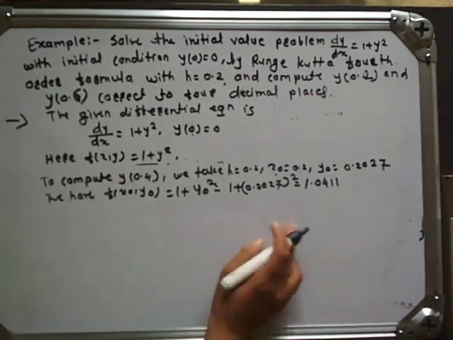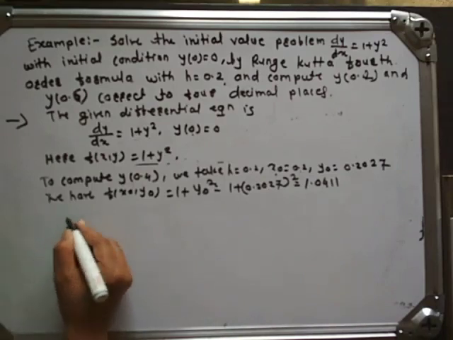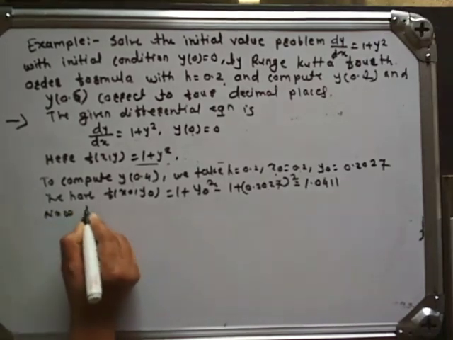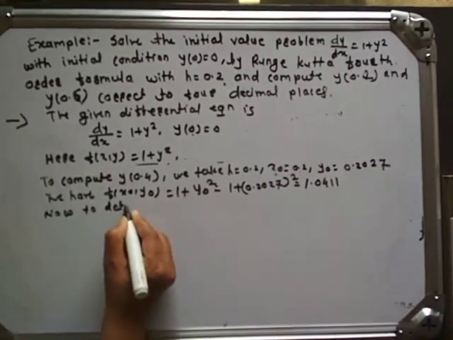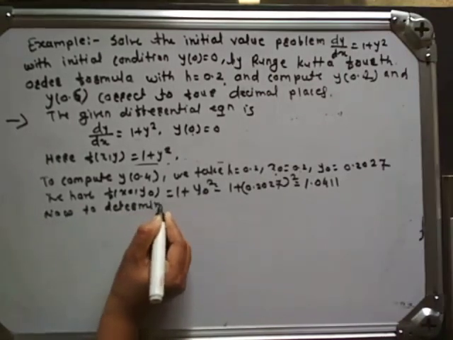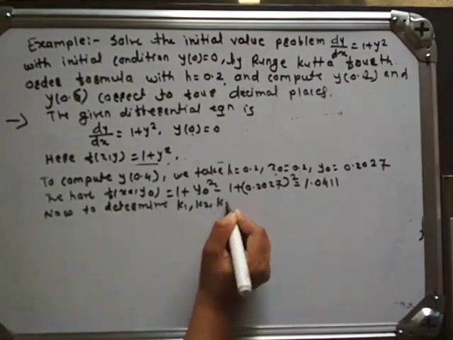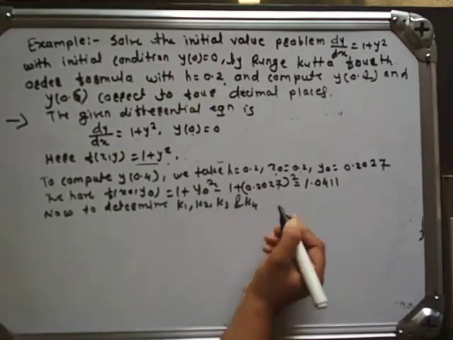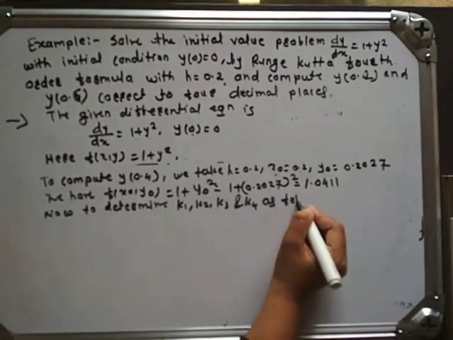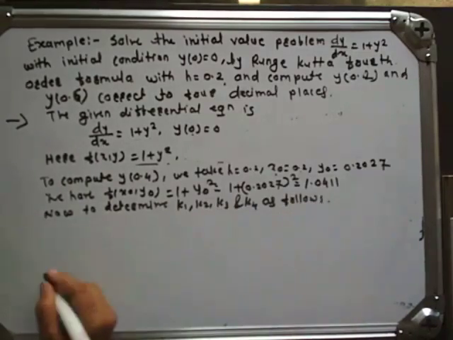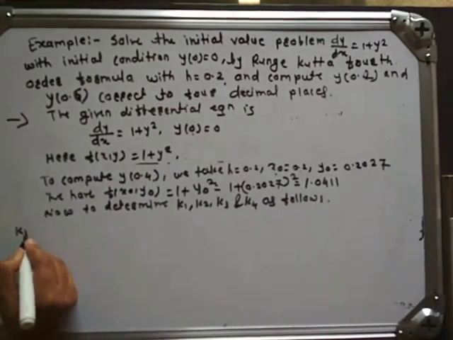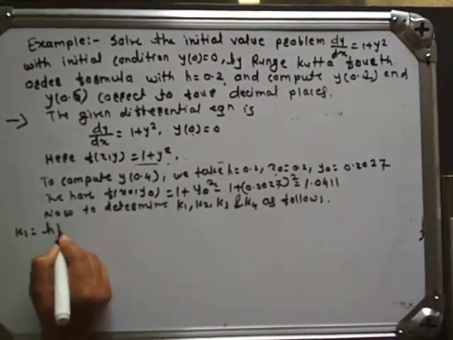Now to determine K1, K2, K3 and K4 as follows. What is here? K1 is h into f of x0, y0.